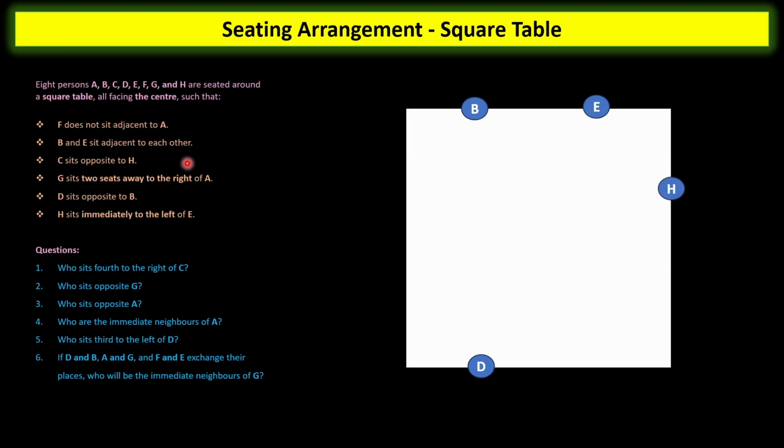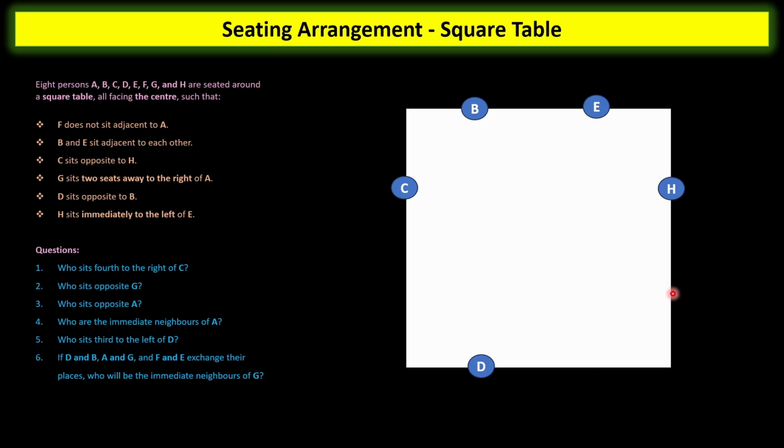Now the clue says that C is sitting opposite to H. Opposite to H is here, so C will be seated here. The next clue says that G is sitting 2 seats away to the right of A. So A and G will be carefully positioned here. If you position A here, G will be positioned here, but it is already occupied by H. So A cannot be placed here.